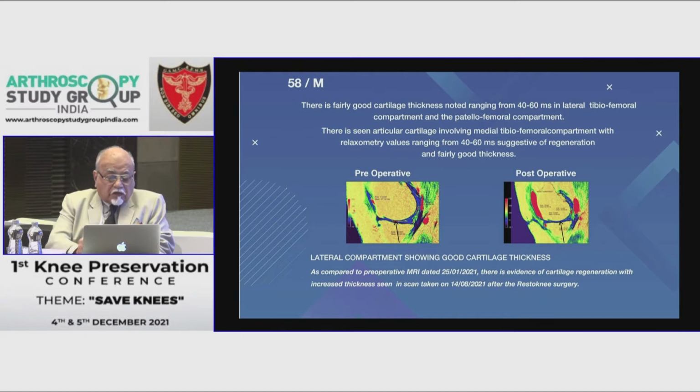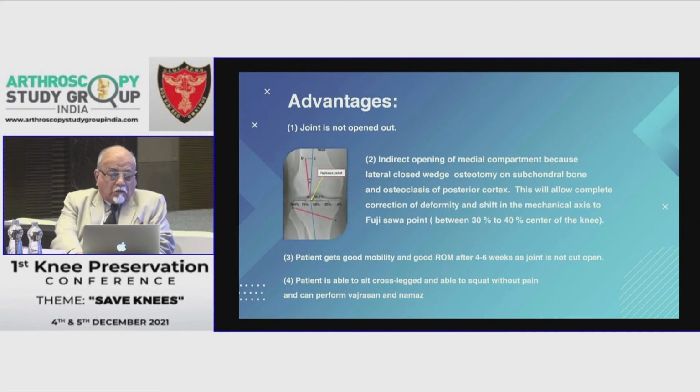After the Rastoni surgery, the advantages of this treatment are that the joint is not opened up, and there is indirect opening of the medial compartment producing shifting of the weight-bearing axis through the Fujisawa point, and patient gets good mobility and good range of motion after 4 to 6 weeks as the joint is not opened up.